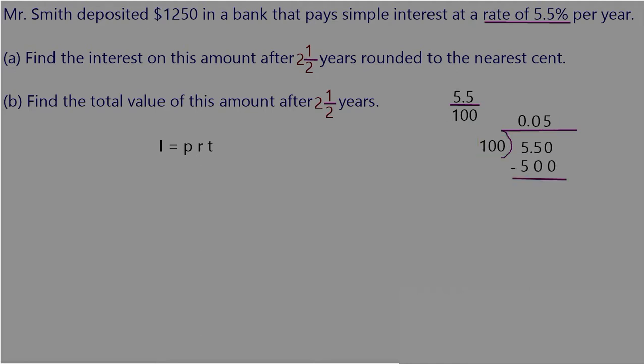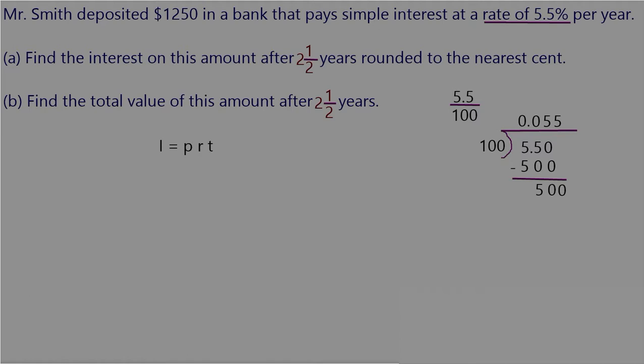We ignore the point and minus 500 from 550 and we get 50. 50 divided into 100 gives 0, so we place a 0 after 50 to make it 500. 500 divided into 100 equals 5. So 5.5% rounded off to the nearest cent is 0.055.